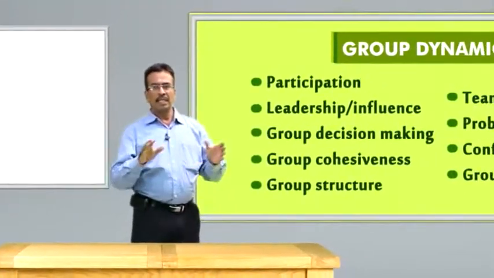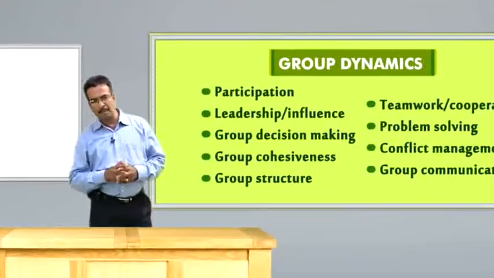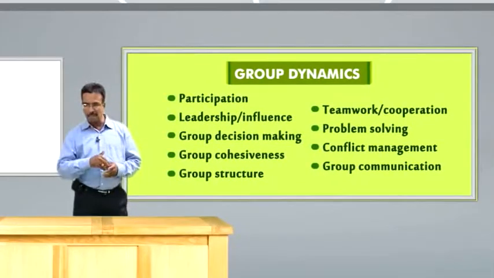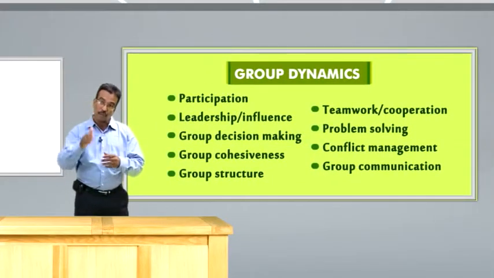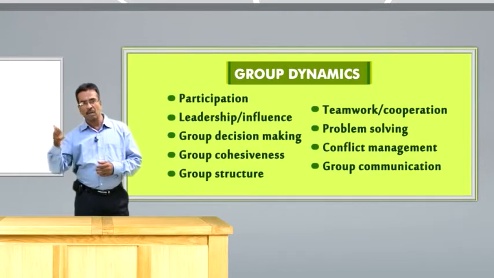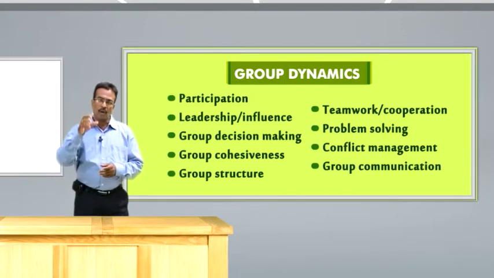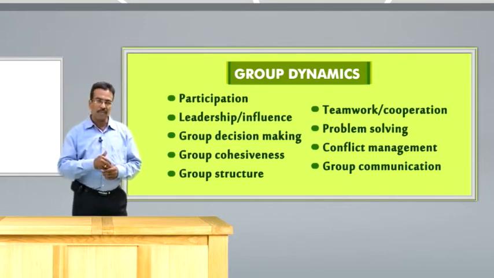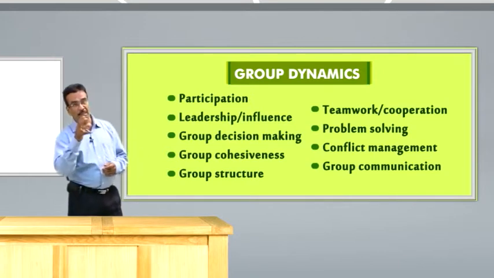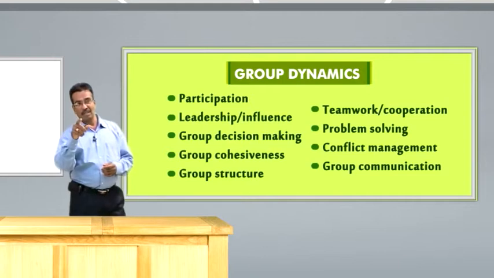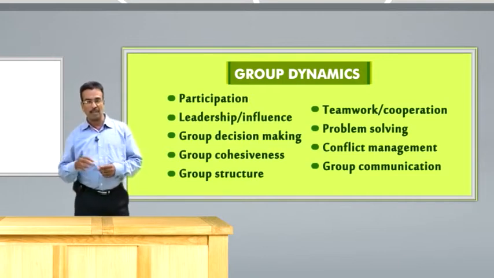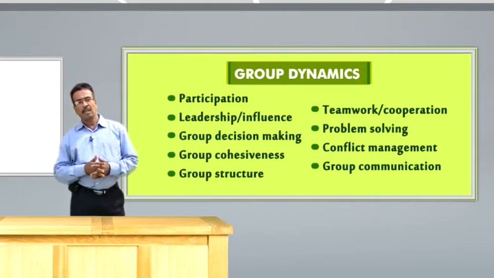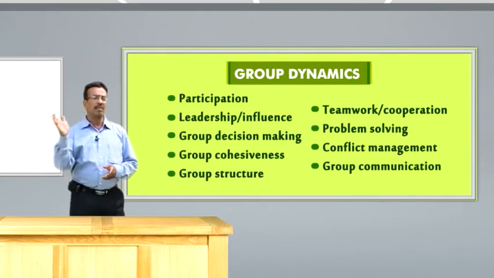Different things happen in group dynamics: participation, the leadership process, different styles, the great man theory. A lot of theories and types of leaders are there, along with group decision making, group cohesiveness, teamwork, and conflict management, which is another important thing in the group process, and the group structure. So these are all the different group dynamic processes and different types of roles.